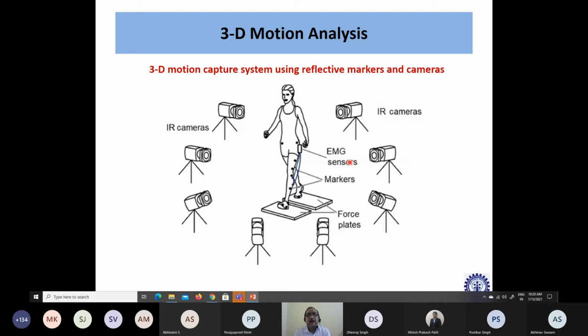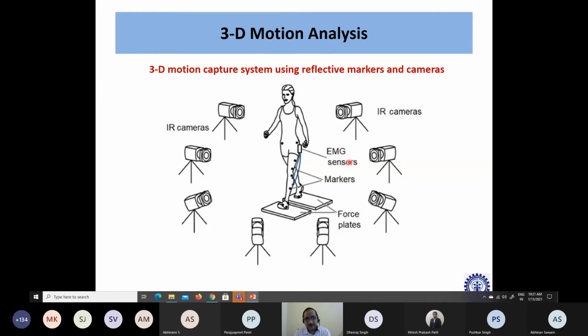These illegal ways of bowling can be analyzed using this motion analysis system. Let me elaborate a little bit, and then you will understand how these reflective markers along with a set of cameras are used in a lab to record or capture 3D motion and further analyze it for different requirements.